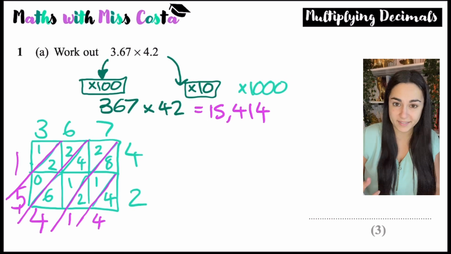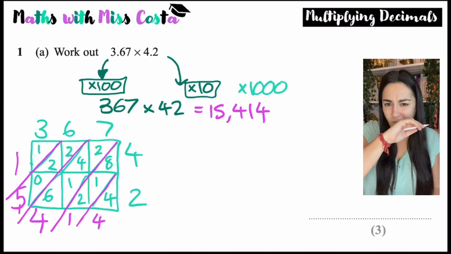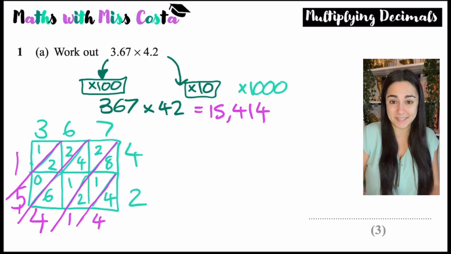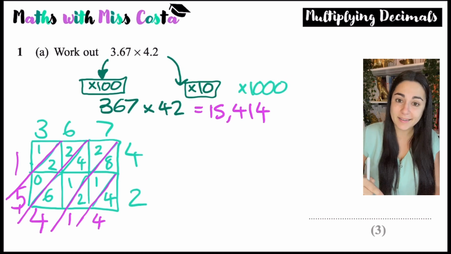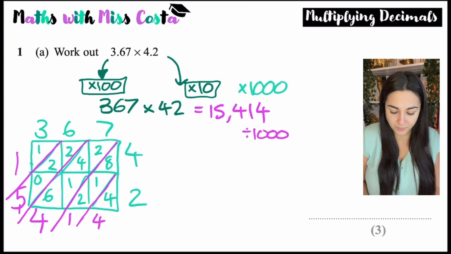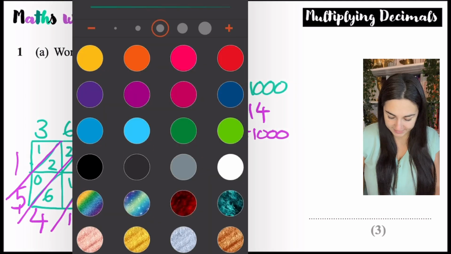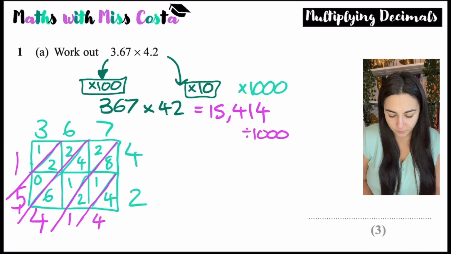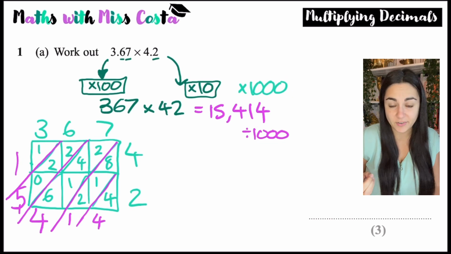I was asked for 3.67 times 4.2. So what did I do to turn my decimals into whole numbers? I multiplied by 1,000. So to get it back, I would have to divide by 1,000. Now, the little trick that you can use when you're multiplying decimals is you can just say, okay, there's 1, 2, 3 digits after the decimal point in my calculation.